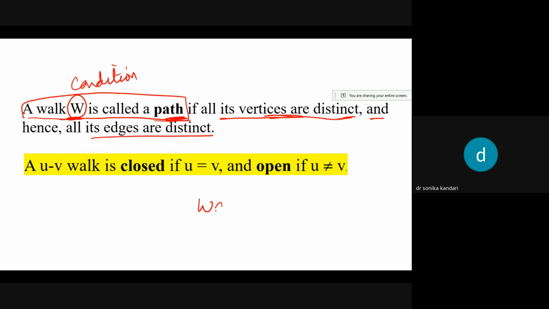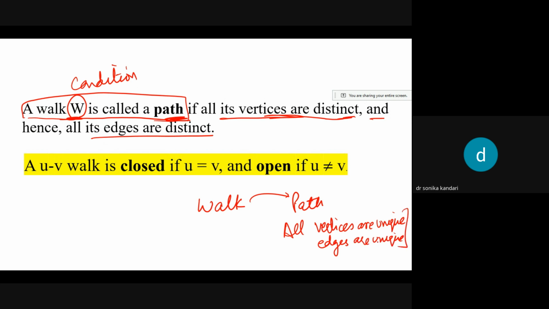It means a walk will be known as a path if all vertices are unique, and all edges covered are unique. If there is no repetition in a walk, we can say that it is a path. But if there is repetition, it means this edge is repeated, so this is not a path. It is simply a walk. Is it clear?